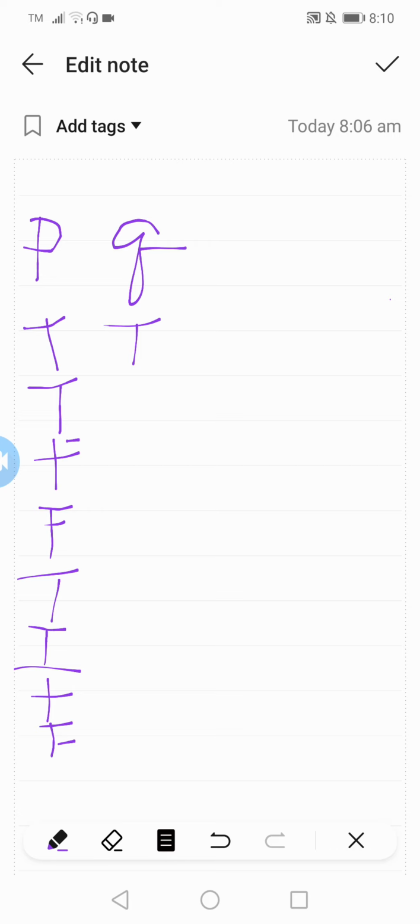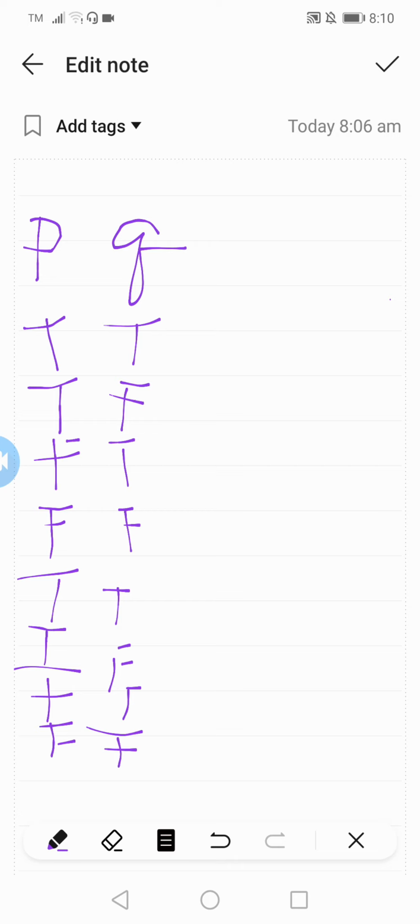So this will be the possible truth values of your P, and the second statement will be your Q. This will be the set of truth values of your statement Q. We have TF, TF, TF, TF. So this will be the truth value of your Q.